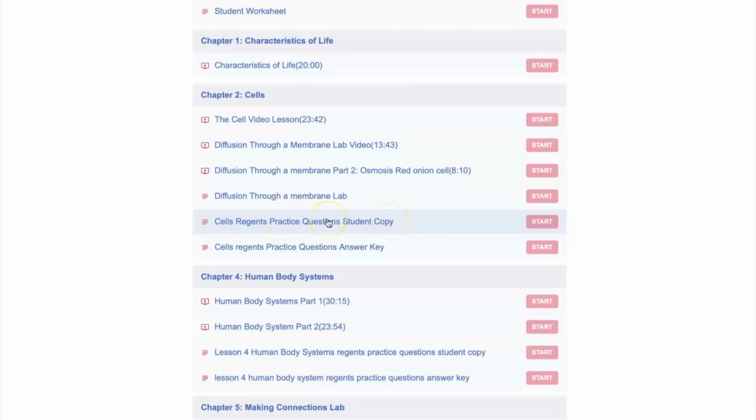You can open it digitally and work on it on an iPad or some kind of tablet where you can write on it, or you can print it out and work on it on paper. And of course, I will also give you the answer key.